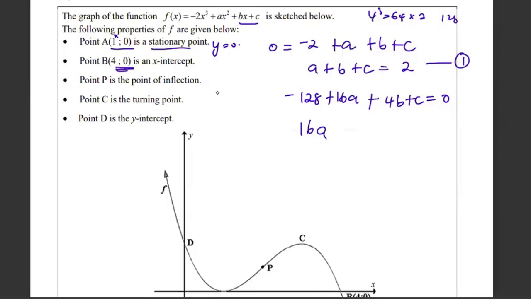Rearrange this, you have 16a plus 4b plus c gives us 128. That is equation number 2.